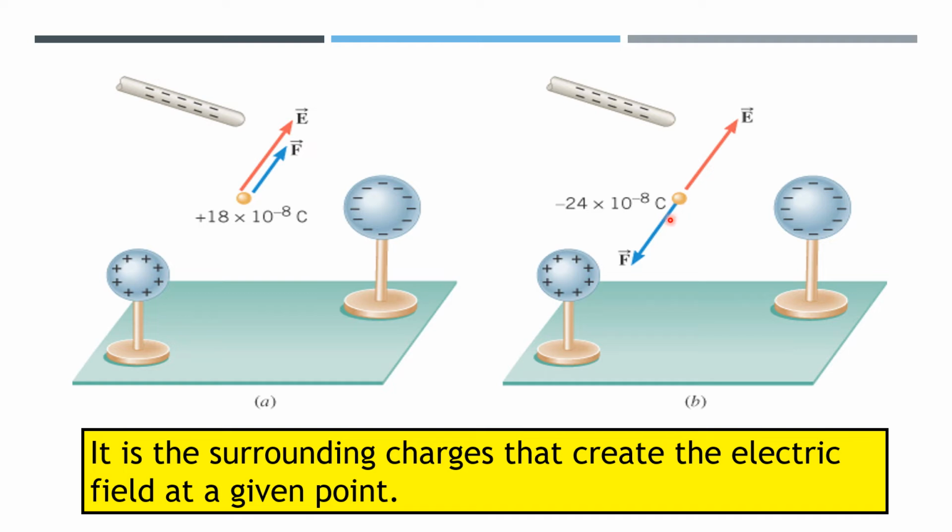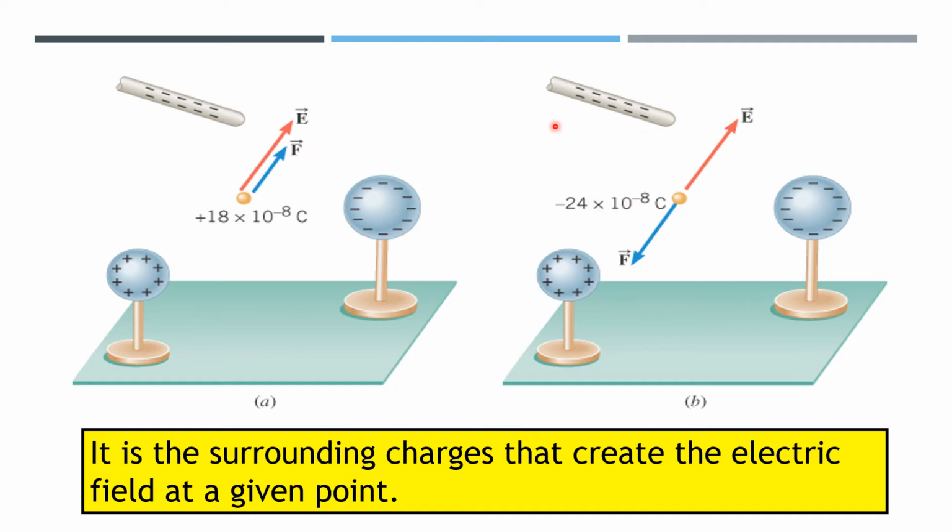The test charge will experience a net force directed as shown by the blue arrow, exactly the opposite of the first illustration. And the electric field here will now be opposite to the direction of the net force. So that's the difference between these two cases.